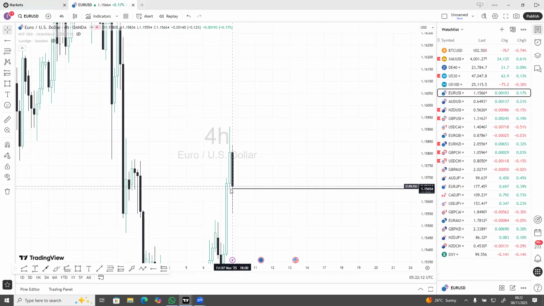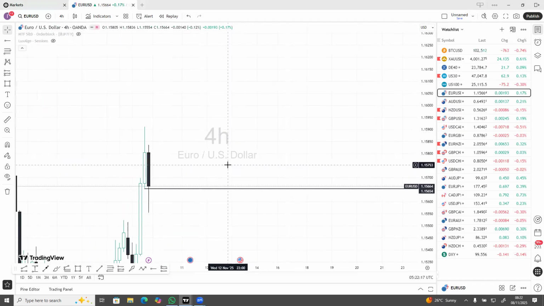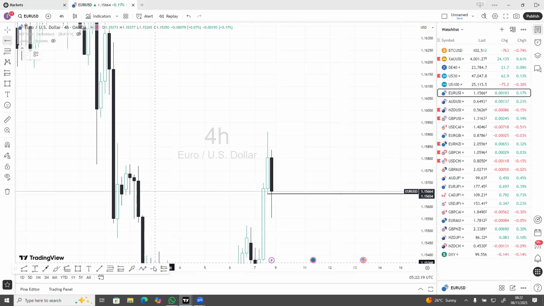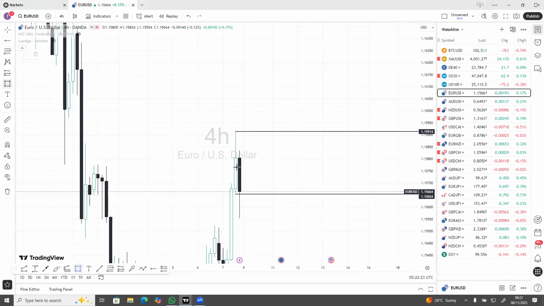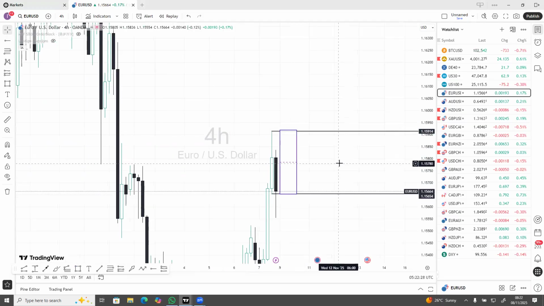Price retested that FVG and closed above that previous low, so it created a good CRT model, and then the next candle will be a distribution candle to that high.